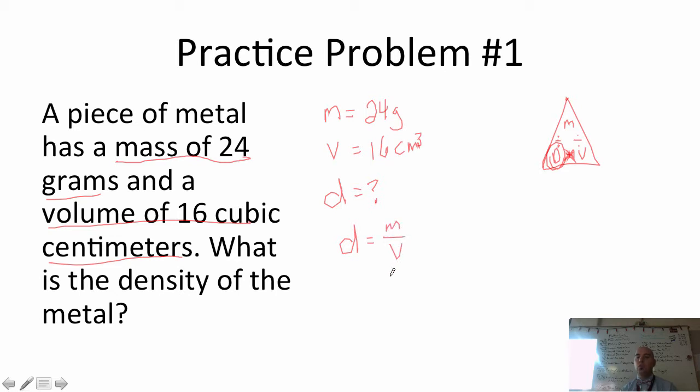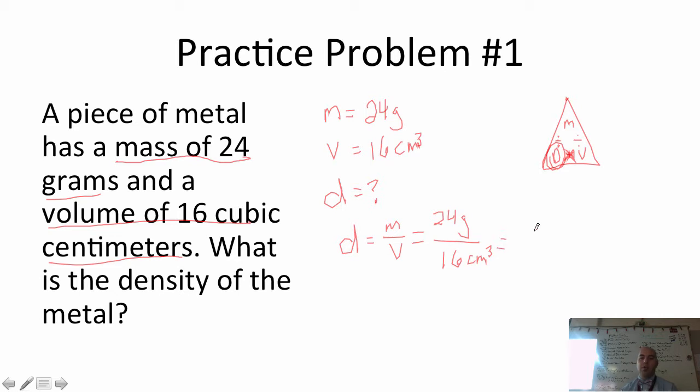It's really important. I know it takes extra time, but if you do this, it makes things so much easier. I write out the equation that I'm going to use. So density, D equals M divided by V. And now I just plug things in. Density equals, so mass is what? 24 grams, and it's important to put the units on there too. And volume is 16 cubic centimeters.